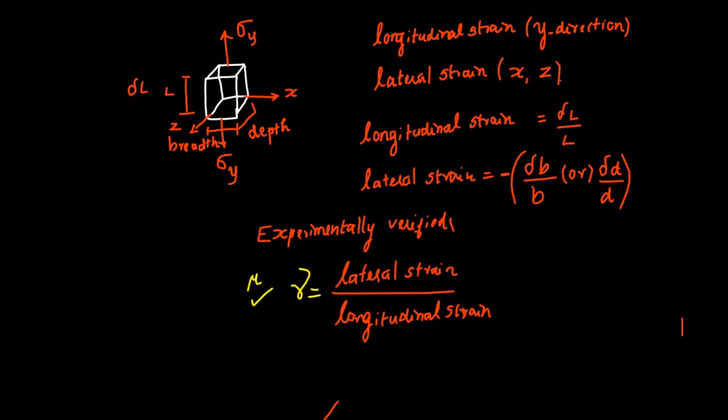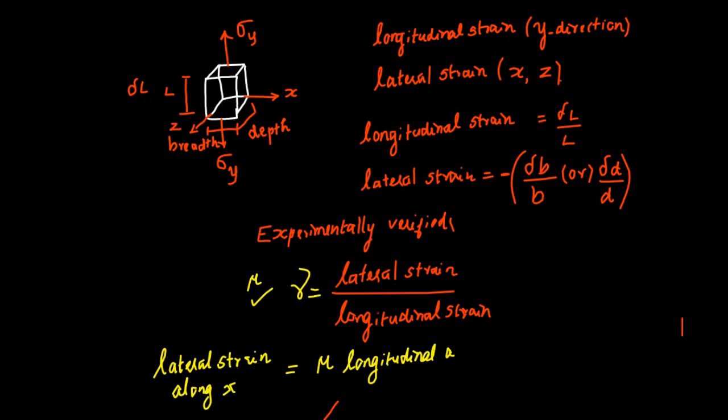Now it enables us to write the lateral strain in terms of longitudinal strain. So lateral strain along the x direction is equal to mu times longitudinal strain along the y direction.